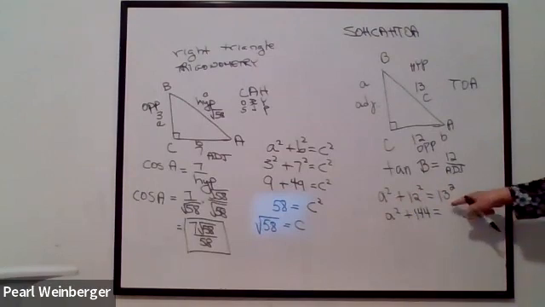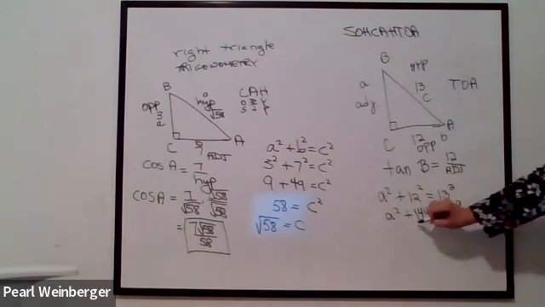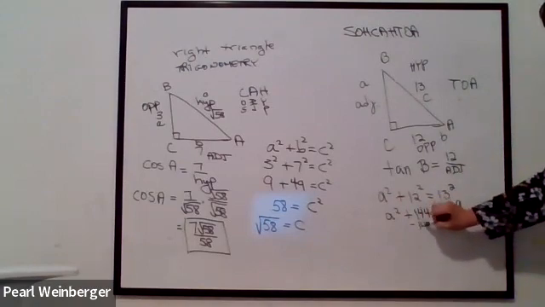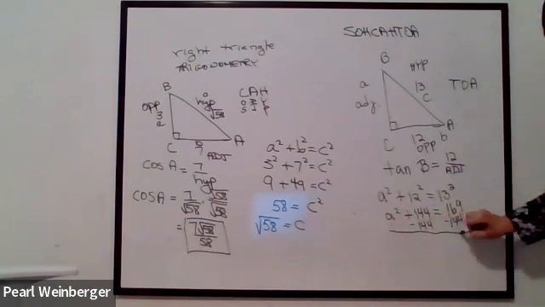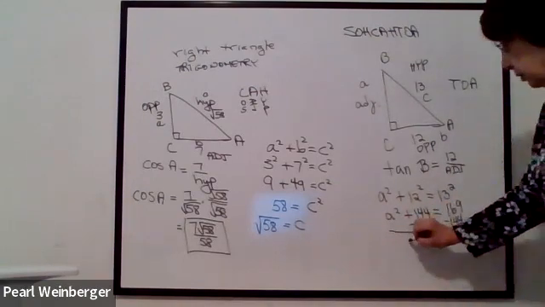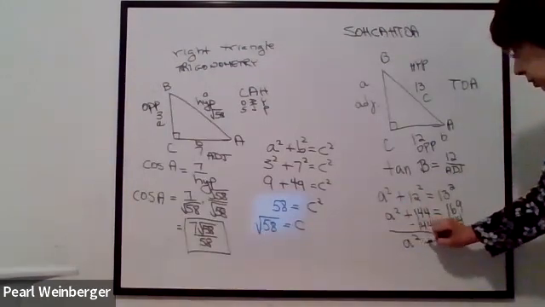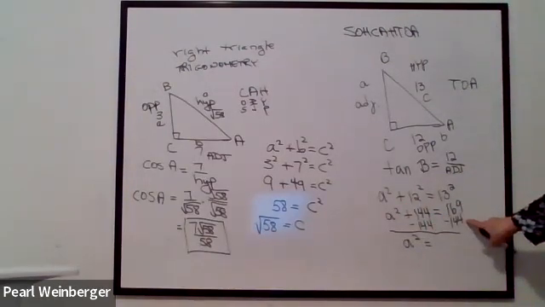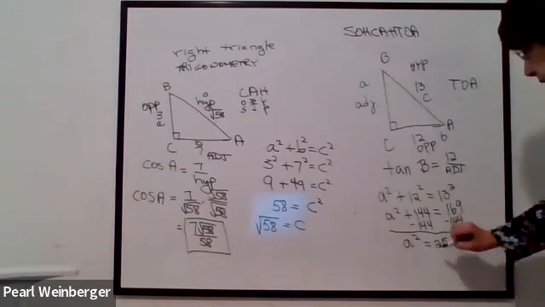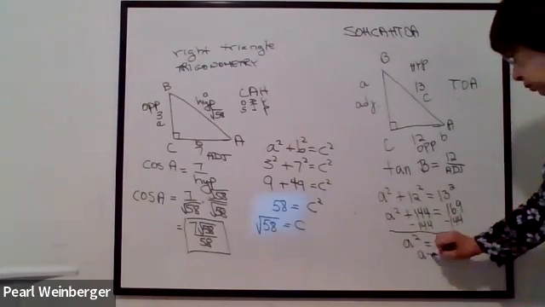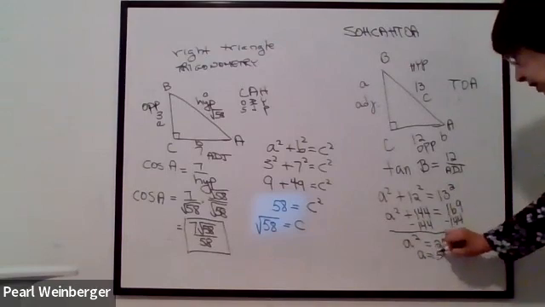And 13 squared is 13 times 13, which is 169. When I subtract 144 from both sides, because I want to find out what a squared is, that's going to give me a squared equals 169 minus 144, which is 25, which means that a is the square root of 25, which is 5.